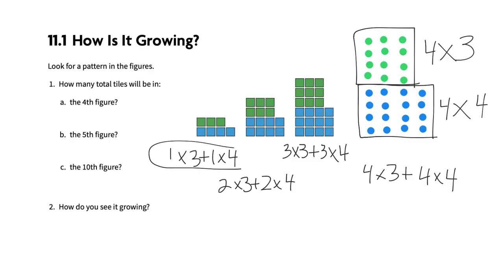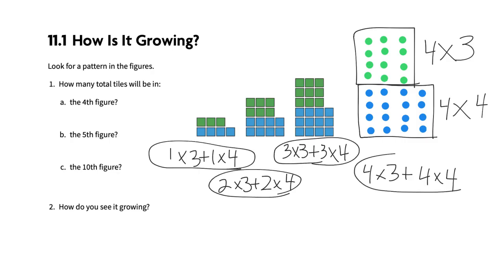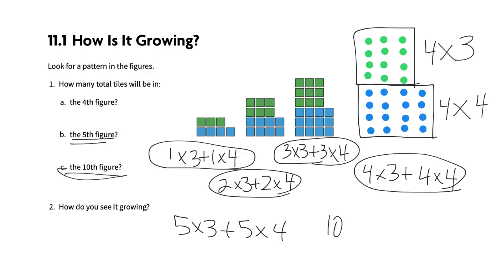And so there's our first figure, our second figure, our third figure, and we have officially found our pattern for our fourth figure. So what's that fifth figure going to be? It's going to be 5 copies of 3 plus 5 copies of 4, right there. And what is the 10th figure going to be? It's going to be 10 copies of 3 plus 10 copies of 4.